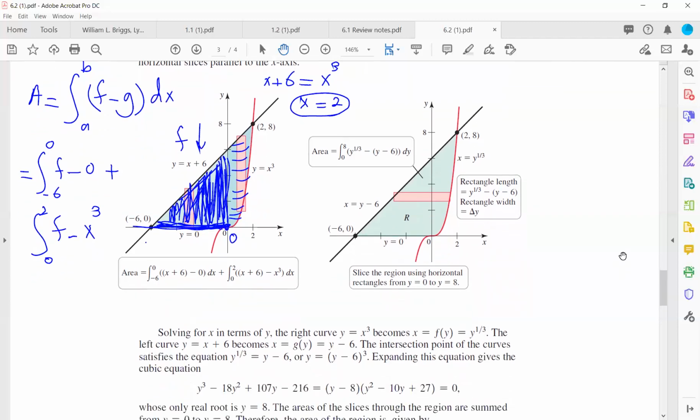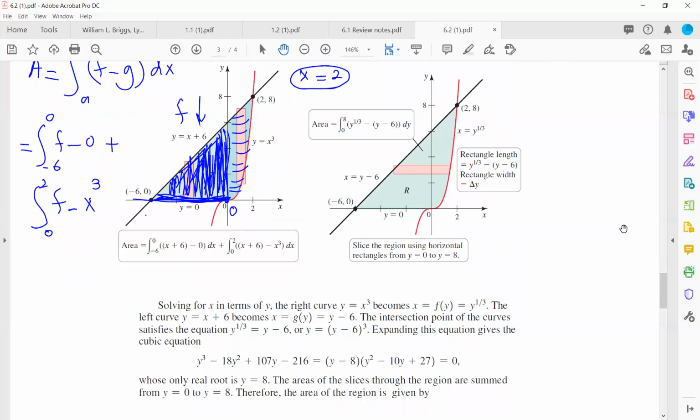Very well. Now we have to calculate the integral on the left-hand side, and the integral on the right-hand side, the area on the right-hand side, and add the final answers.